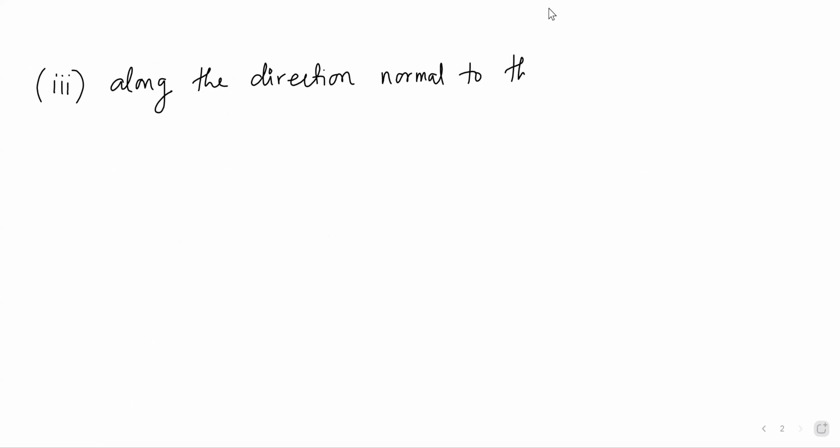The third type: along the direction normal to the surface x square plus y square plus z square equal to 9 at the point (1, 2, 2). Now this is the third variety of question.